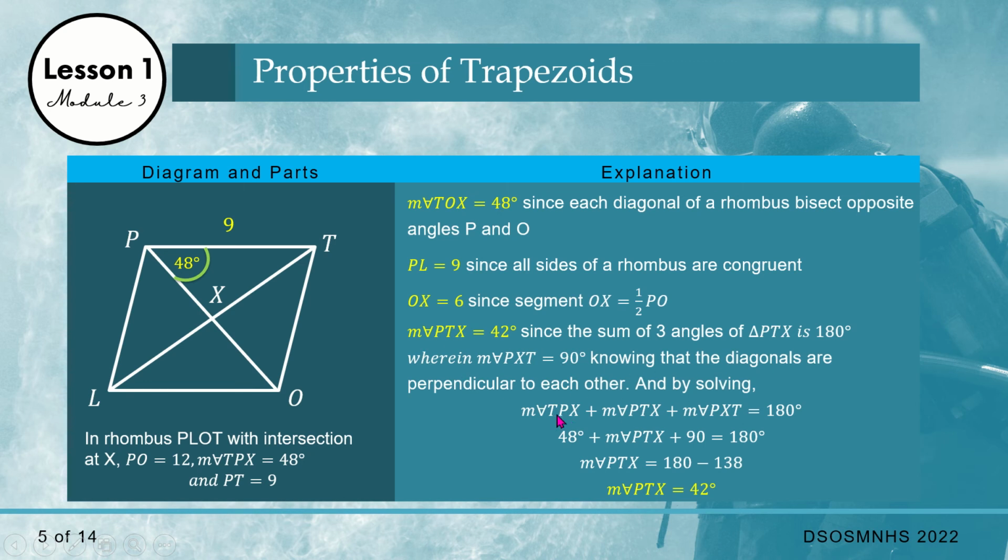And by solving, the first given angle is angle TPX, kanang 48 degrees. Plus measure of angle PTX, kana siya, is missing. Then plus measure of angle PXT, ang kanana sa tunga, which is 90 degrees, is equal to 180 degrees.